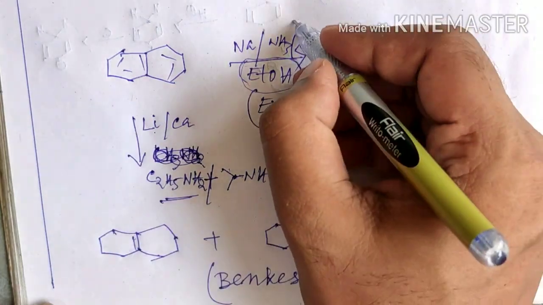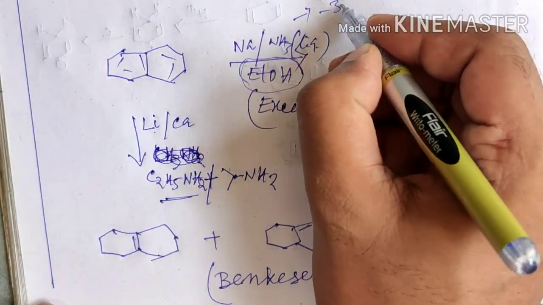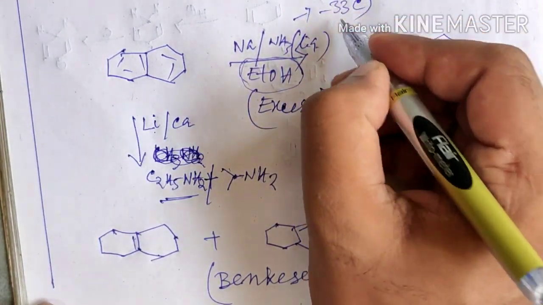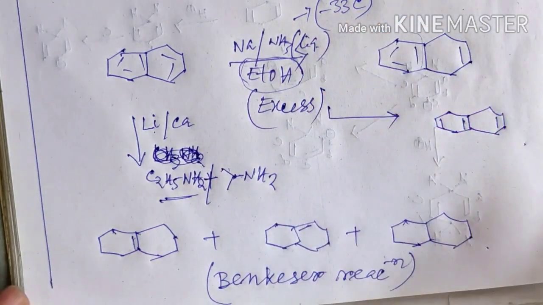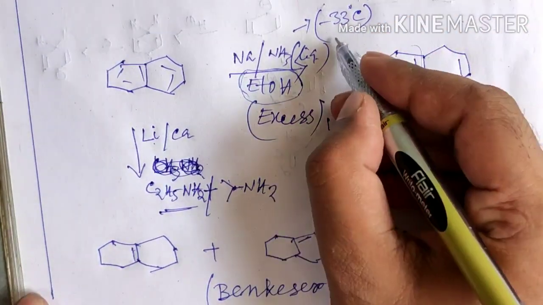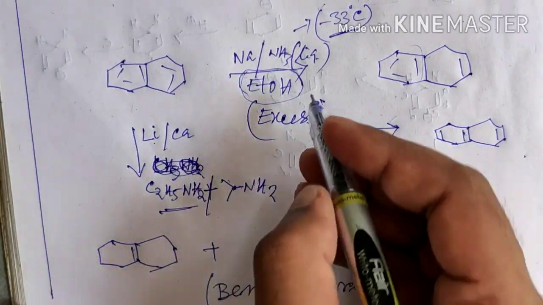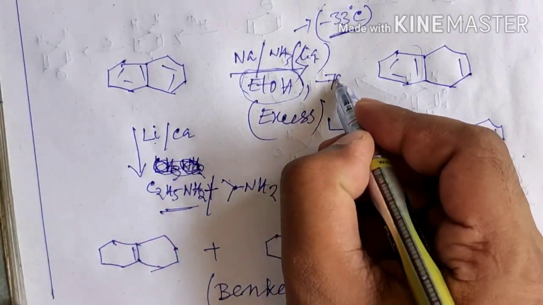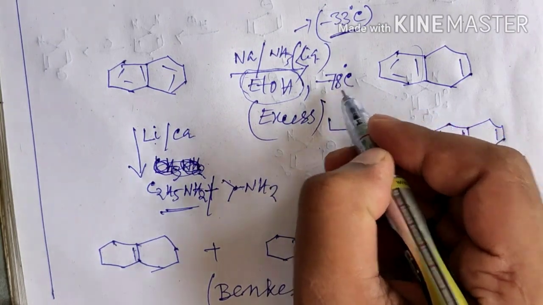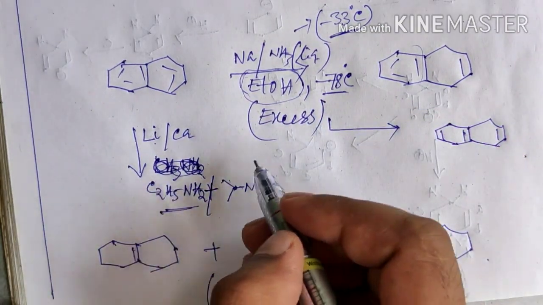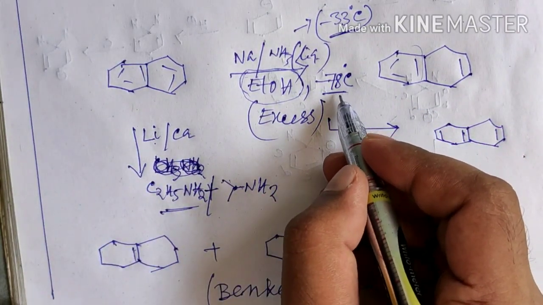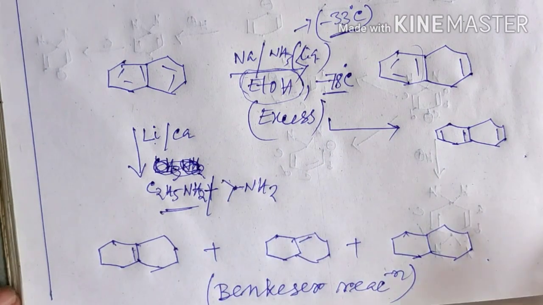The boiling temperature of liquid ammonia is minus 33 degrees centigrade, or near about this, you can just search whether it is correct or not. And since the Birch reduction is performed at very low temperature, this can be performed at a higher temperature.